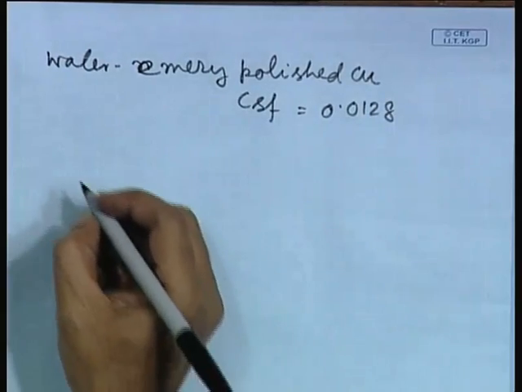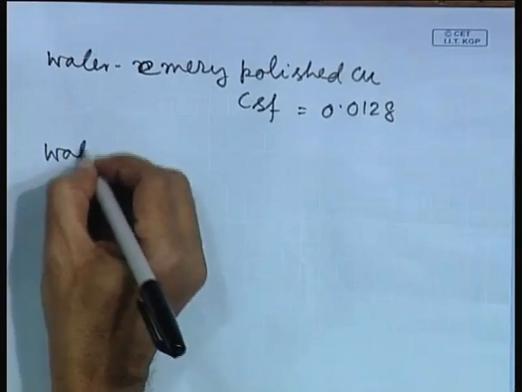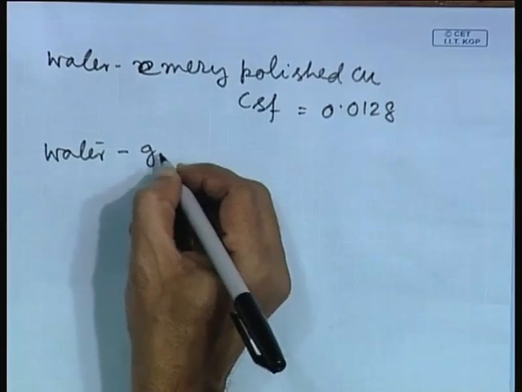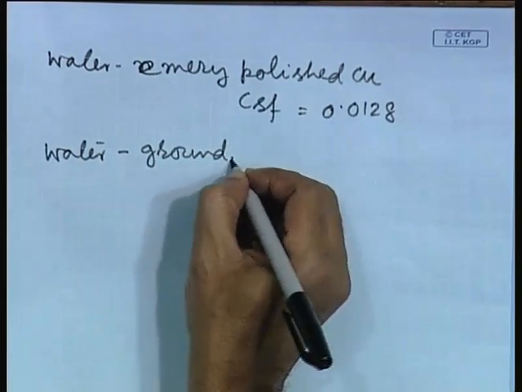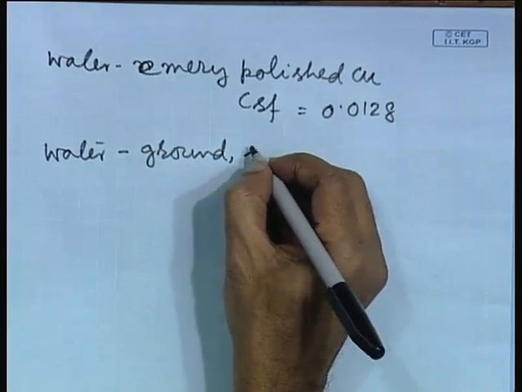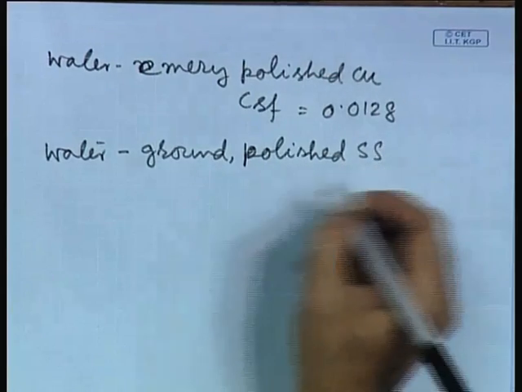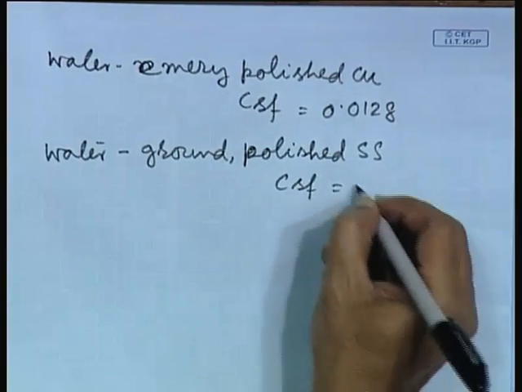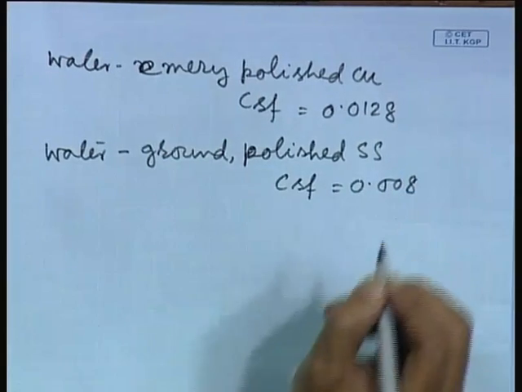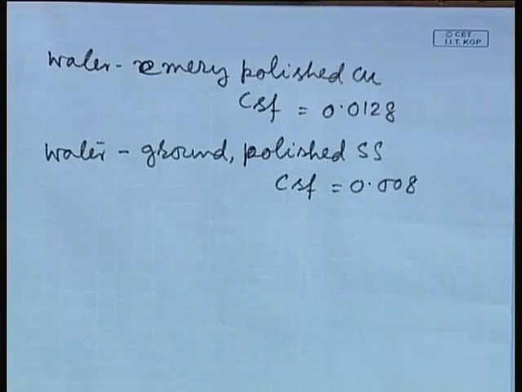0.0128. And let us say we have water and ground and emery polished stainless steel. So, CSF will be 0.008. So, you see that there is a range within which CSF varies, and we will have a list of liquid and solid combinations for which CSF is given.